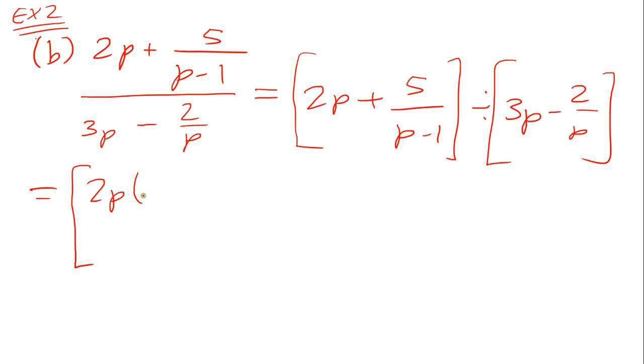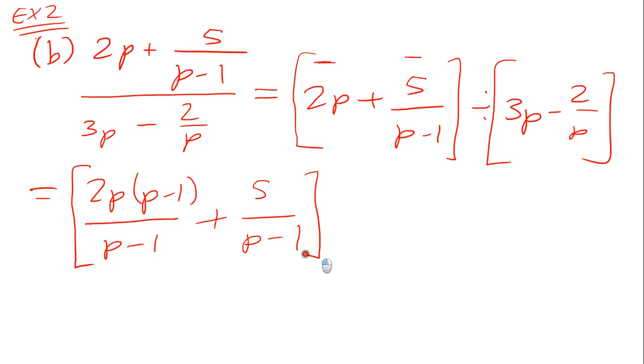2p times p minus 1 over p minus 1. The common denominator of these two is going to be p minus 1, and this is already p minus 1. I'm throwing in some middle steps because this one's a little longer, and I actually made an error when I was starting to cover this last class.